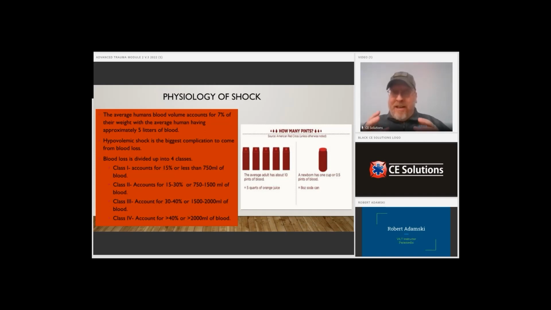So you can actually exsanguinate, or suffer total blood loss, i.e., decompensated shock, massive hemorrhage, i.e., death, from bleeding into your pelvic cavity. So that's why knowing the pathophysiology of shock is so important.